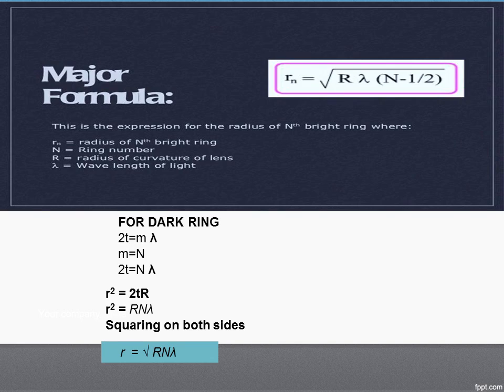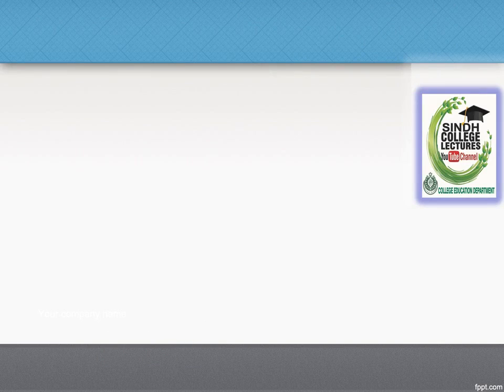Now as you know that R squared is equal to 2tR, so r squared is equal to R n lambda. If you put the value of 2t in this equation, you will get r squared equals R n lambda. Taking the square root on both sides, you get r equals the square root of R into n into lambda, which is the required equation for the radius of the nth dark ring.